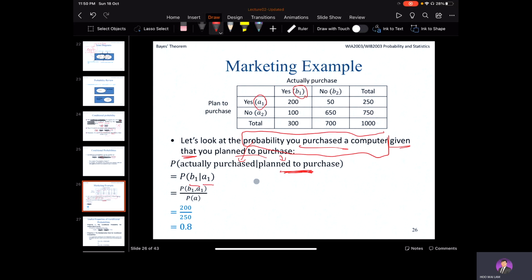So you notice that if we just calculate probability of B1, it's 300, or 30%. But when you know that the person is planning to purchase, it changes from this one to this. So this information gives you more idea on the outcome itself.